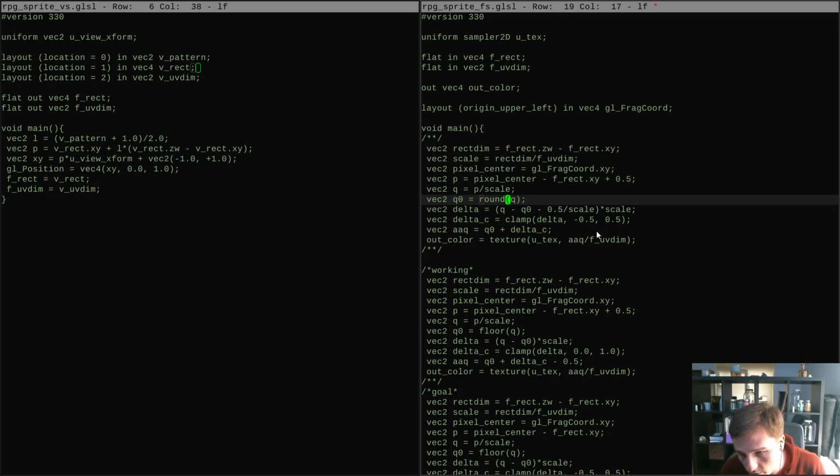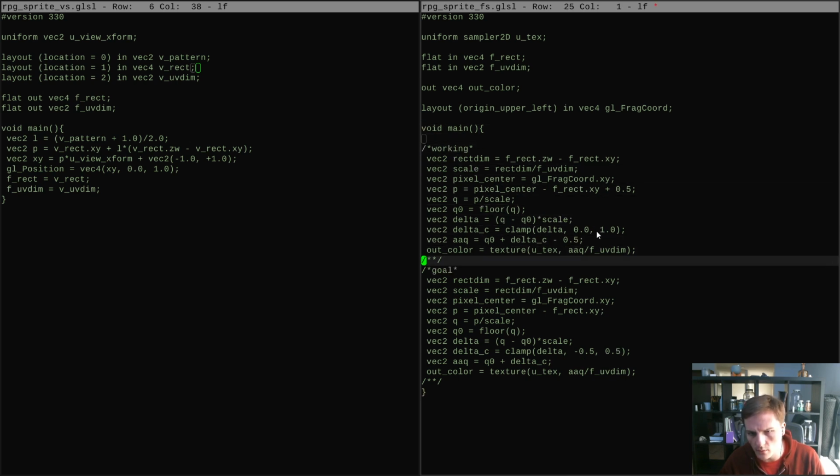So if I do round, the difference is, to make round into a floor, what you do is you say minus 0.5 first, right? Okay, I'm a little lost. Let me redo this again with the working one.